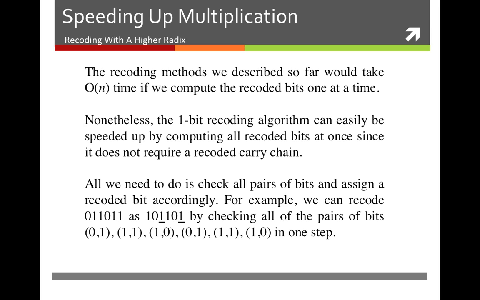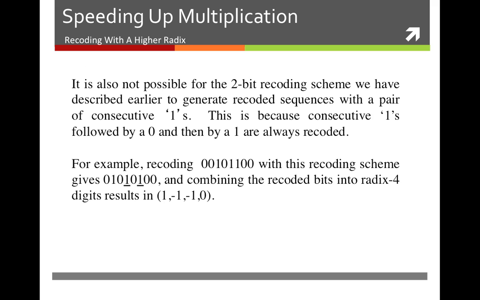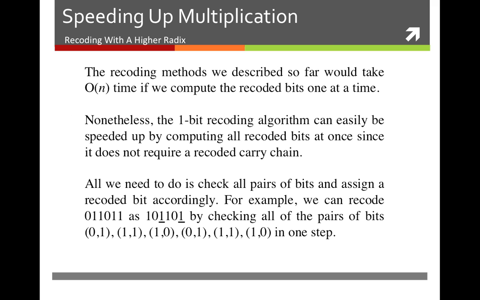Now, here I think I'm referring to how to generate these plus minus 1, plus minus 2 digits. In the case of the single bit recoding that we did, we can simply look at these patterns in pairs, because if you remember, we were generating these recoded bits by looking at the previous bit and the next bit, so we can do those things by checking the pairs.